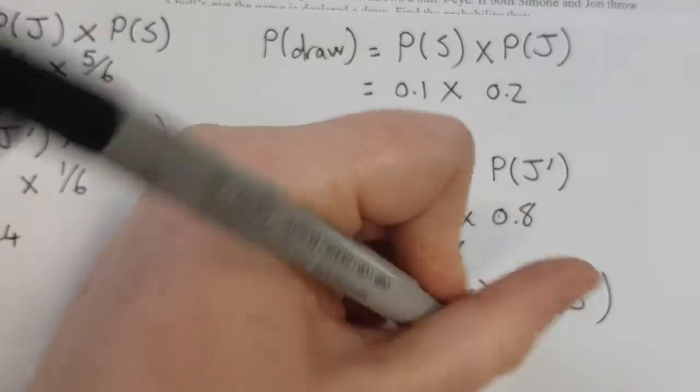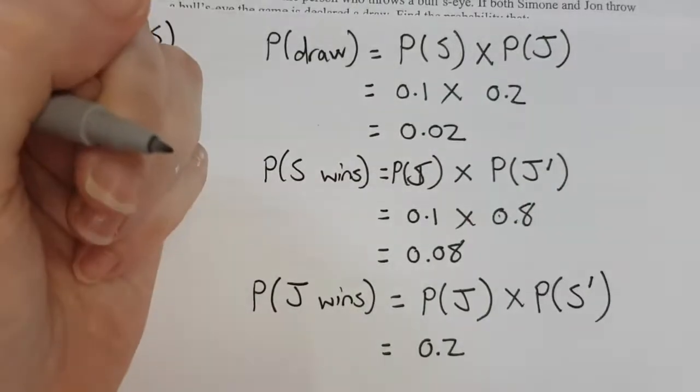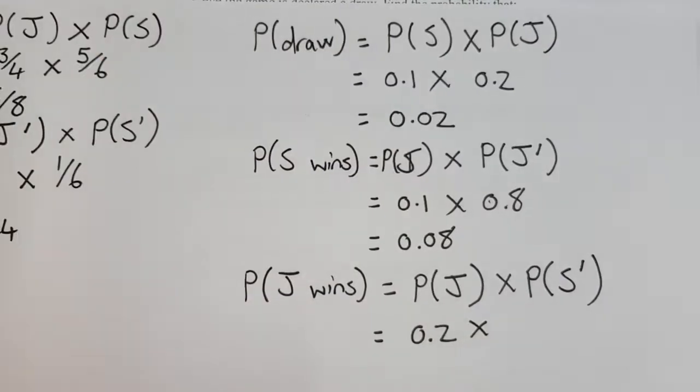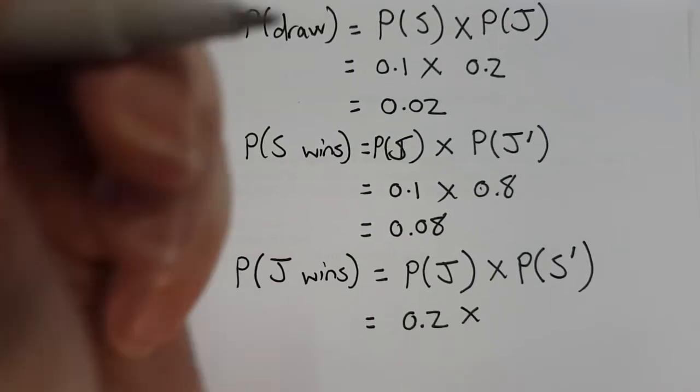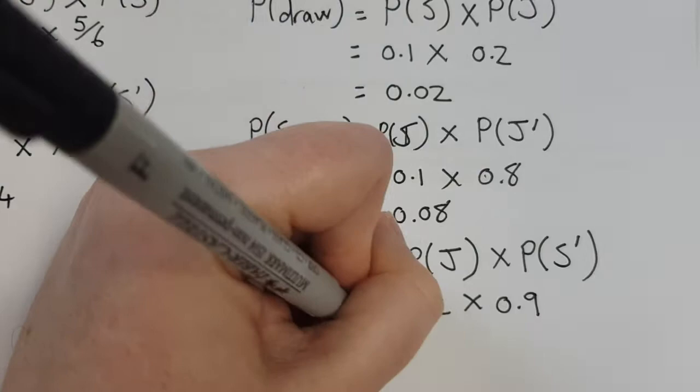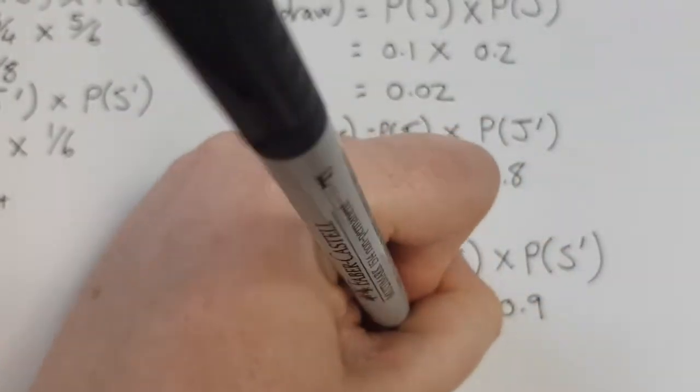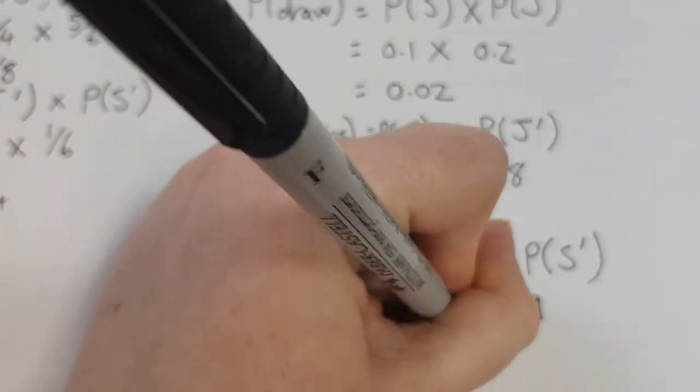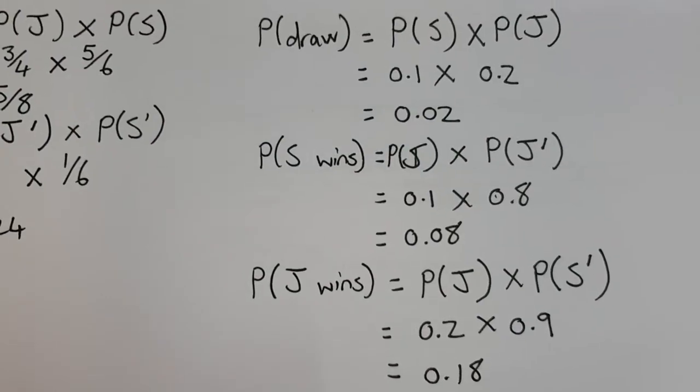So John getting his bullseye is 0.2 times Simone not getting her bullseye, which would be 0.9. So 0.2 times 0.9 is 0.18 for our overall answer.